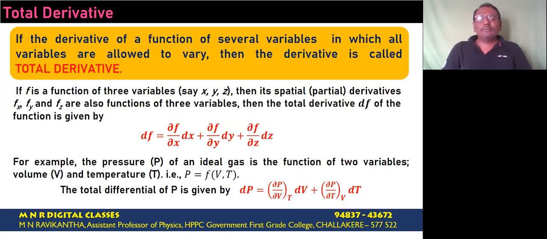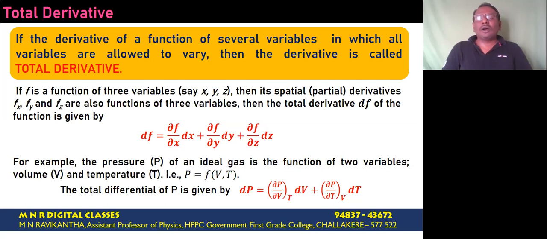Suppose you keep the temperature constant and volume alone is varied, then the partial derivative of the pressure is dou P by dou V, keeping temperature constant. Similarly, if the volume is kept constant and temperature alone is varied, then its partial derivative is given by dou P by dou T, keeping volume constant.